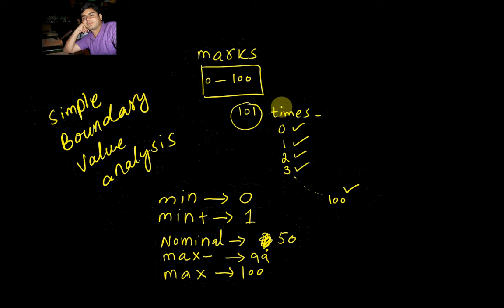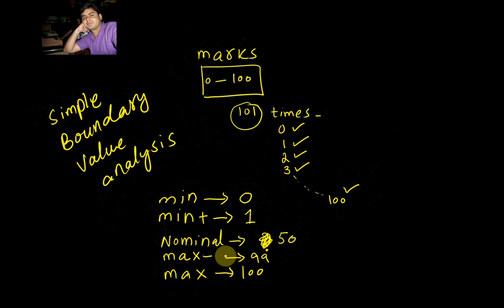If you test only values from the boundaries, the minimum value, the min plus value, the nominal value, the max value and the max minus value, then it will be enough to test the marks variable.